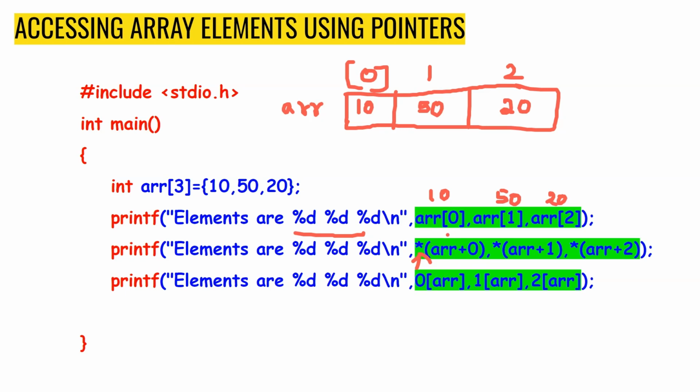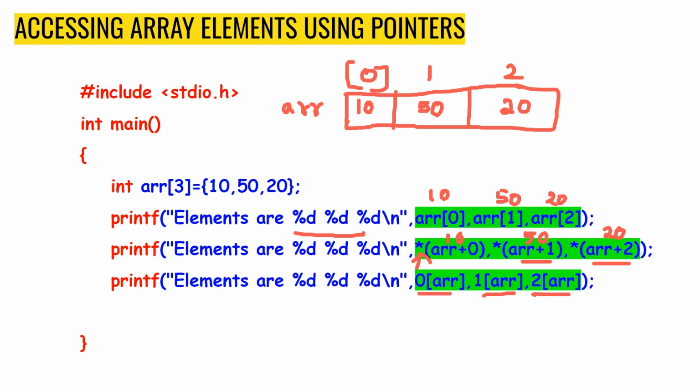Then star ARR plus 1, the element at the second location, and ARR plus 2. We have to do pointer arithmetic, performing the addition operation. In the next printf, we have given 0 of array, 1 of array, 2 of array.